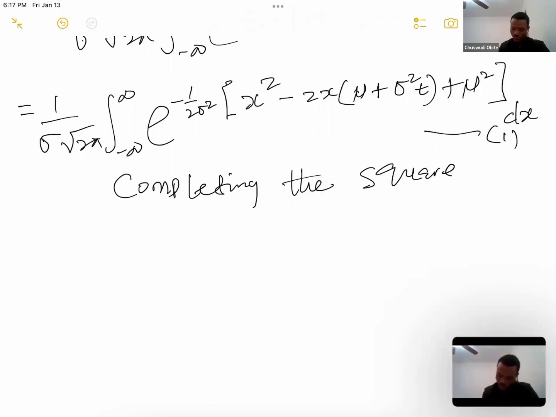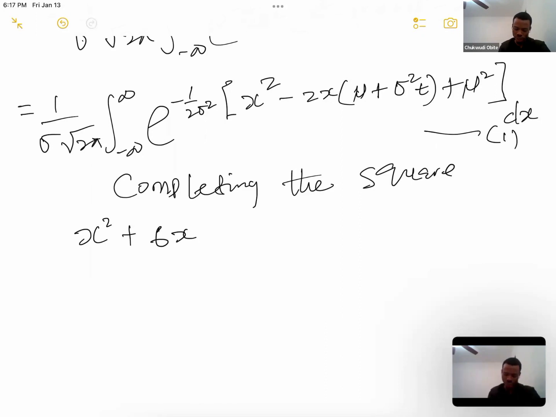I want to explain briefly what I mean by completing the square. We use completing the square to factorize. If I have an equation like x squared plus 6x, and I want to apply the completing the square method, what will I do? This is like a quadratic equation.